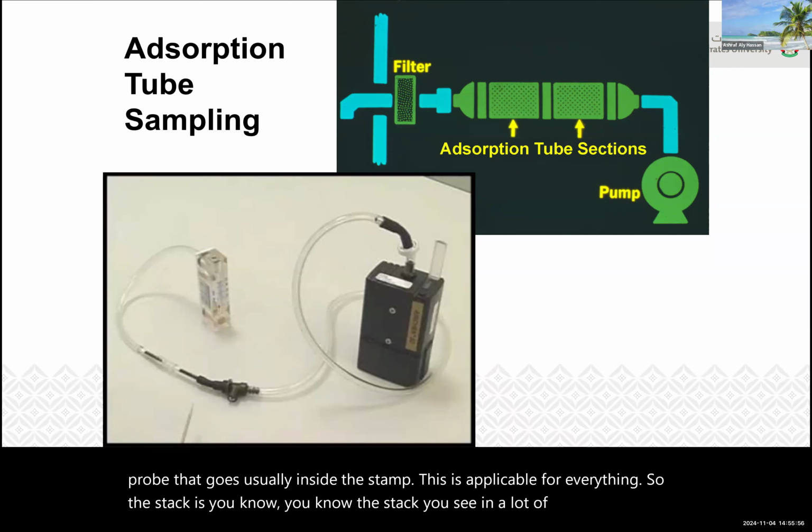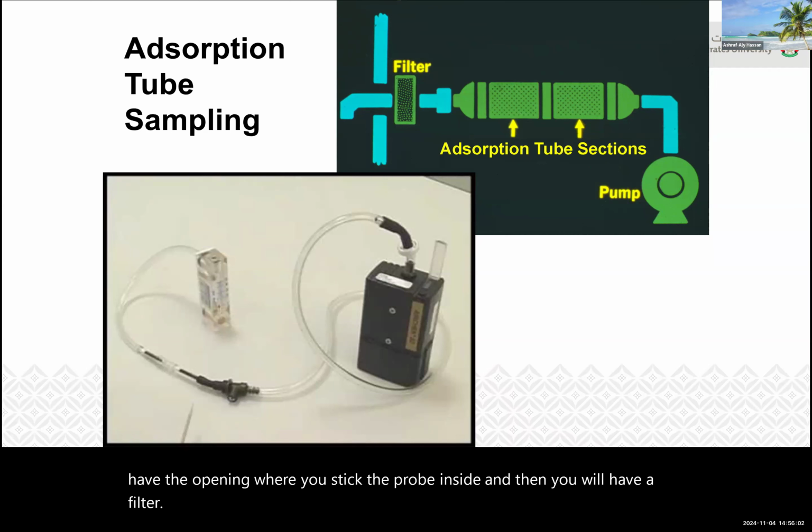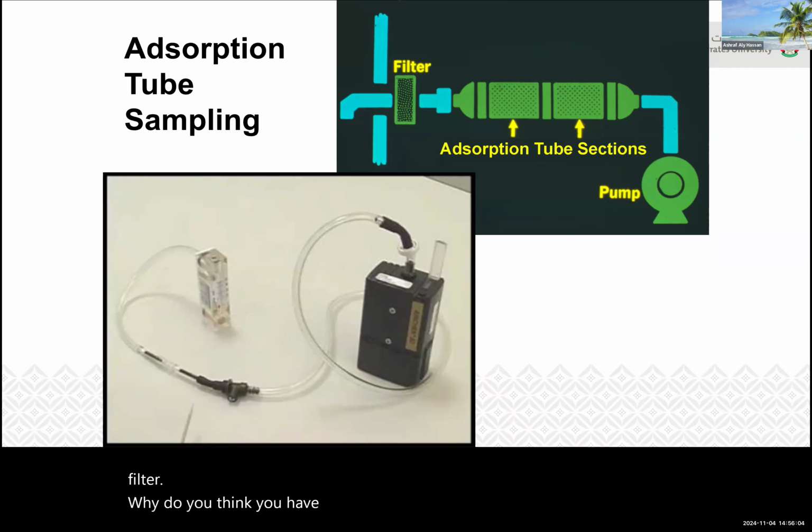So you will have the opening where you stick the probe inside, and then you will have a filter. Why do you think you have a filter? Yeah, but what are we filtering? What do you think is important to filter out?